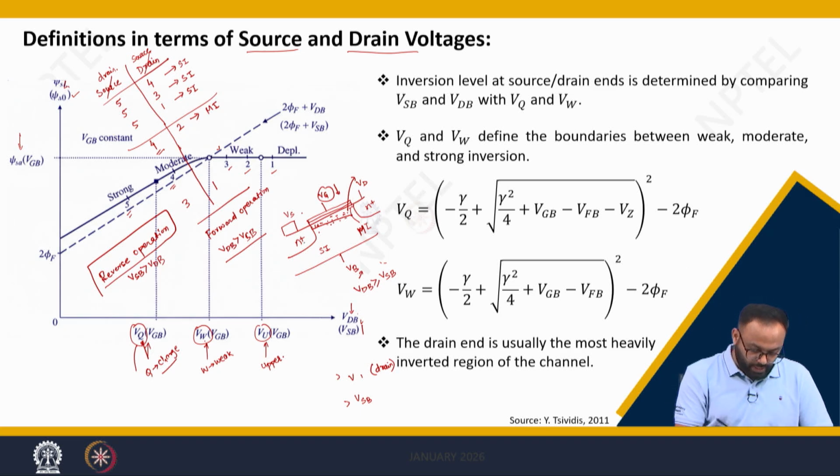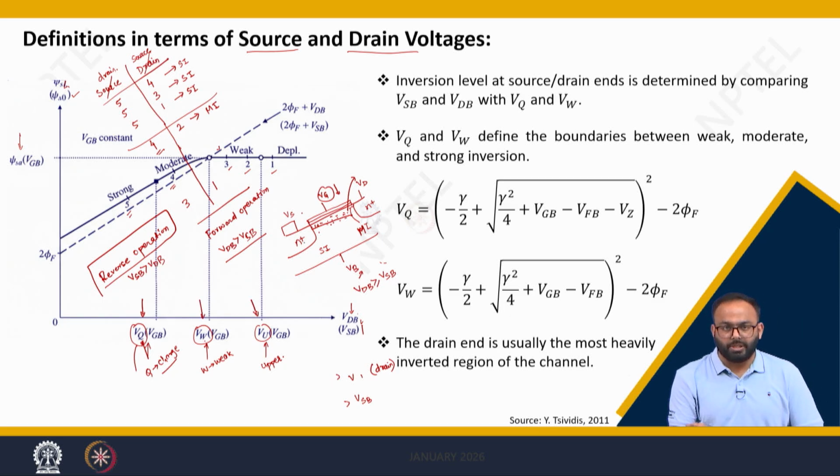We have also defined these voltages because we are going to use these parameters in our subsequent lectures. So it is very important at this stage that you remember or know how to calculate this VQ and VW. We have derived these equations in the 3-terminal MOSFET.